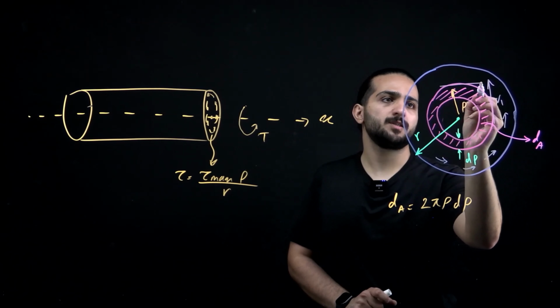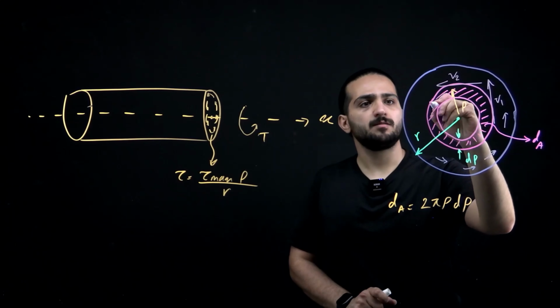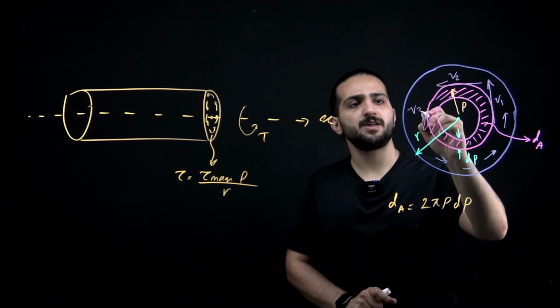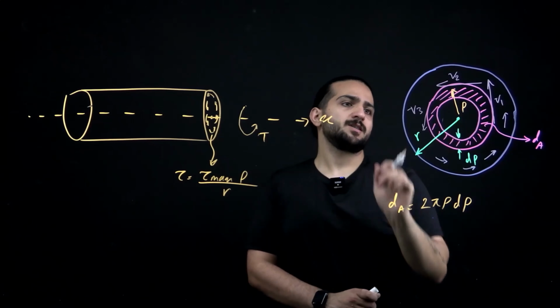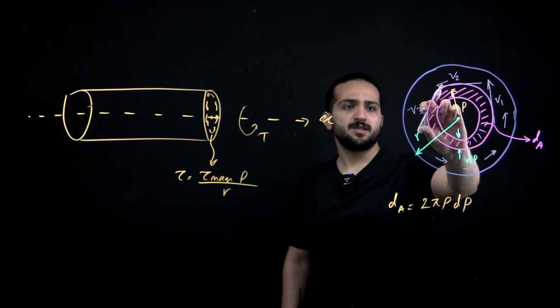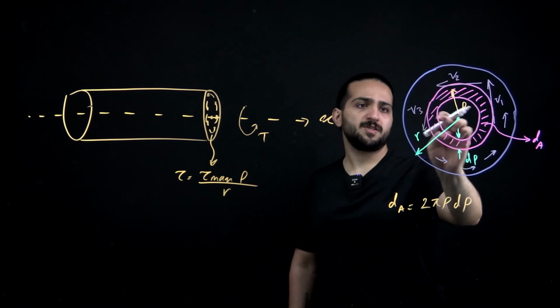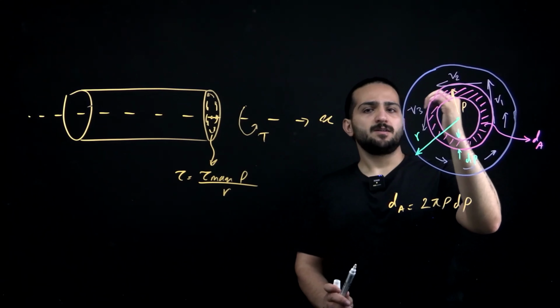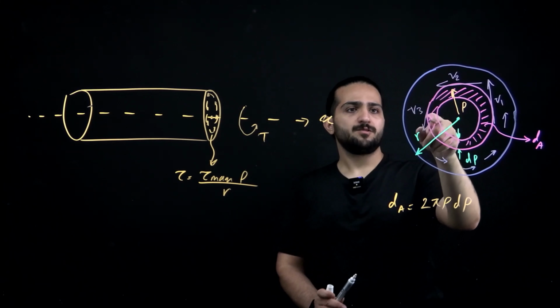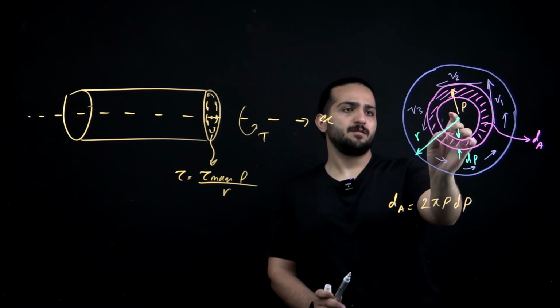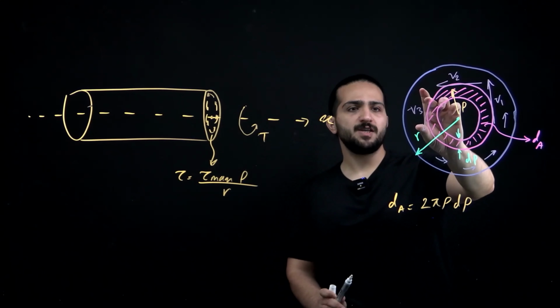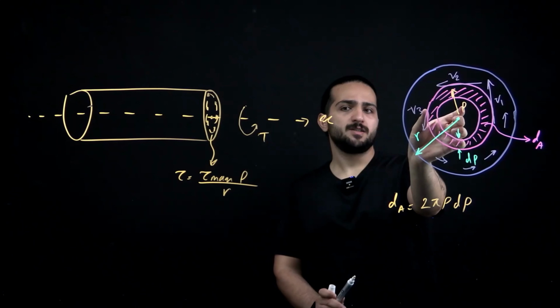At this point, this is V2. This point, V3. And the distance is rho. So the distance of the force from the center is rho. And each force creates a torque, which is this force V multiplied by this distance rho.